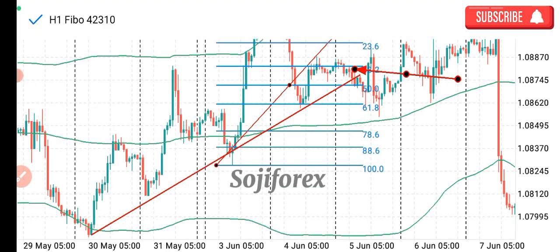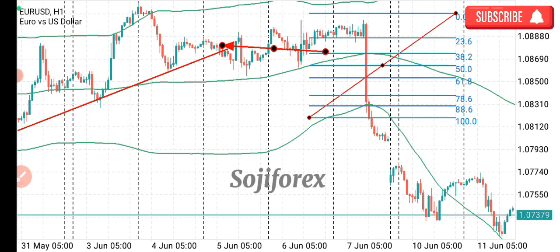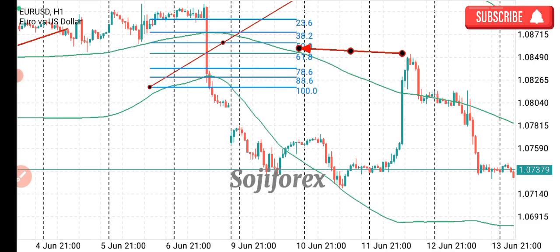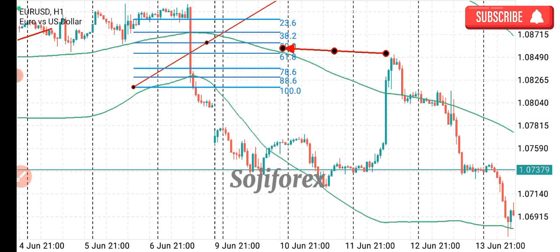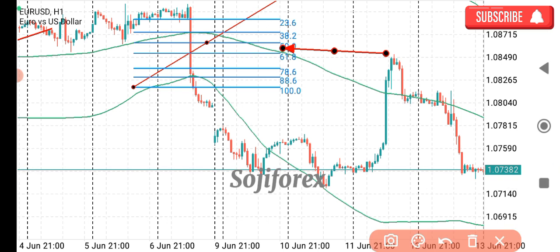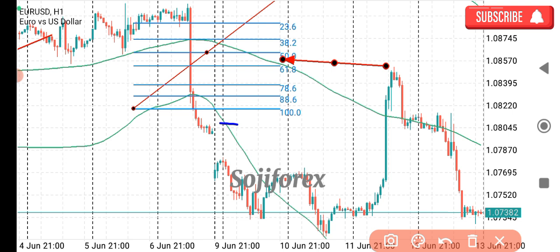Okay, let's look at a downtrend scenario. Like what we are having here now, this is a downtrend scenario. This is a high, this is a high, this is a low, this is a high, and this is a low.